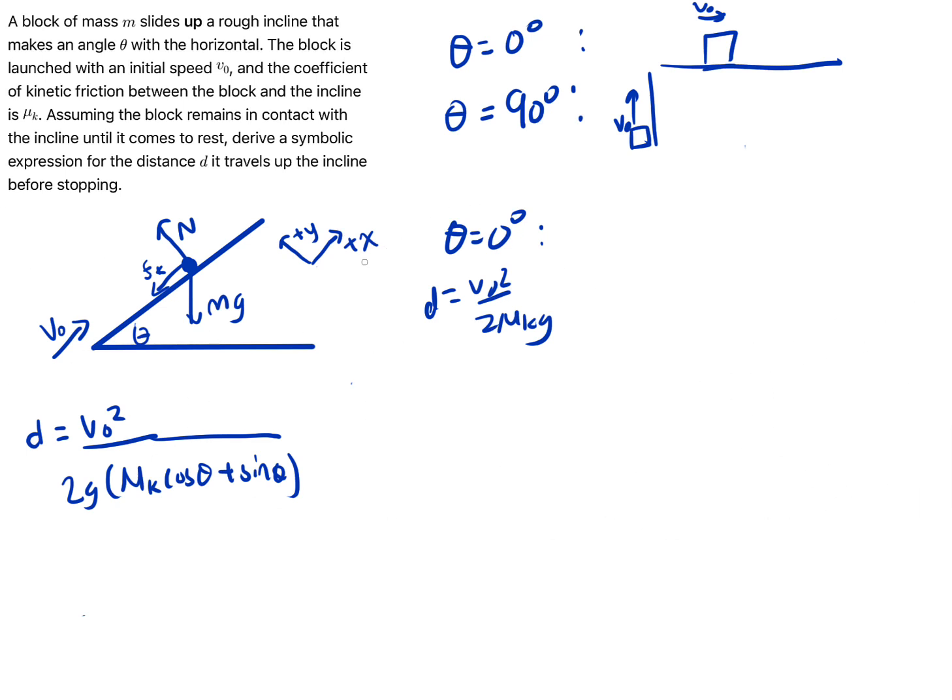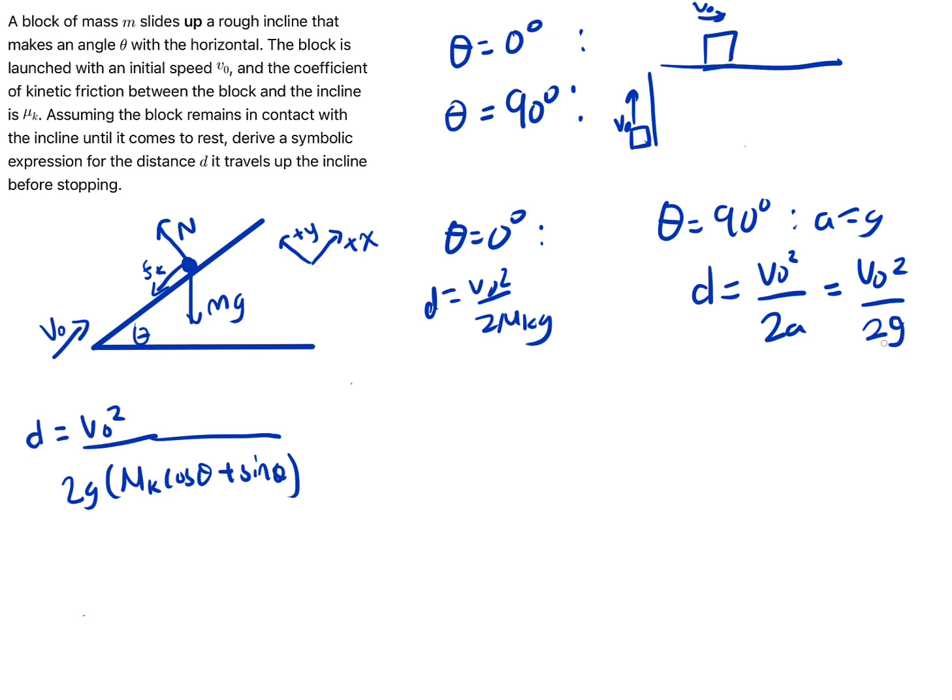And we can do the same thing for theta equals 90 degrees. In this case, the only force acting opposite to its velocity is just g. So the acceleration is just g, and plugging this back into our equation earlier, a equals g. This is theoretically what we should get in this scenario.